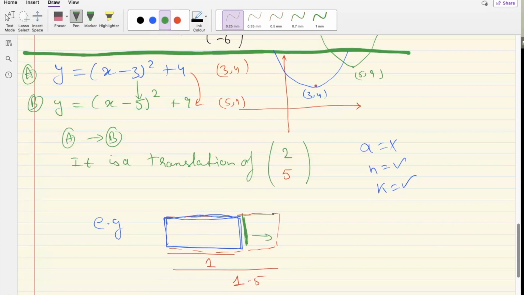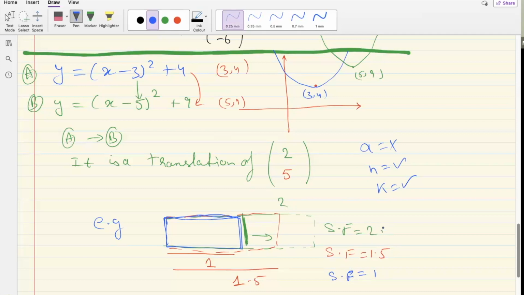In green, I can say it is twice the original length, so the scale factor is 2. For red, the scale factor is 1.5. For blue, the scale factor is 1. Scale factor 1 means it has not been stretched. It is of the original size.